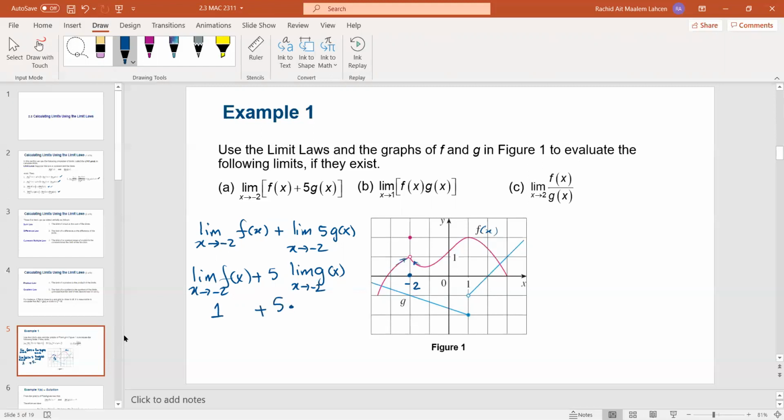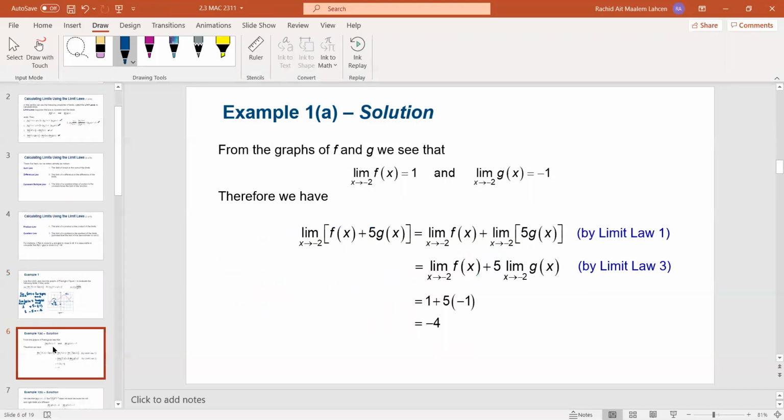And for the second one, as x approaches -2, this way or this way, it's approaching -1. So 1 minus 5 times -1 will be... and similarly, we'll do the others. I think it's presented here, so that's the way it's described.